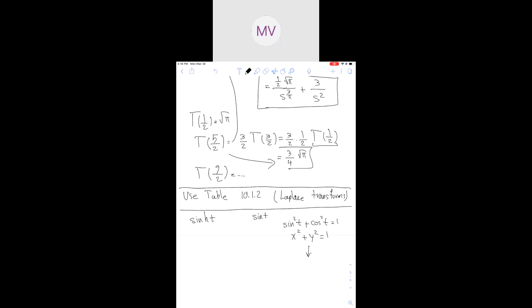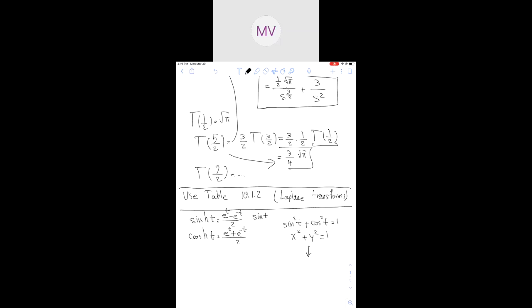Now, first of all, sine hyperbolic of t and cosine hyperbolic of t have these equations. Sine hyperbolic is defined as e to the t minus e to the negative t divided by 2, and cosine hyperbolic of t is the same thing except the negative becomes plus. So e to the t plus e to the negative t divided by 2.